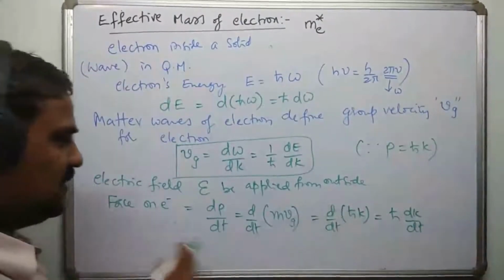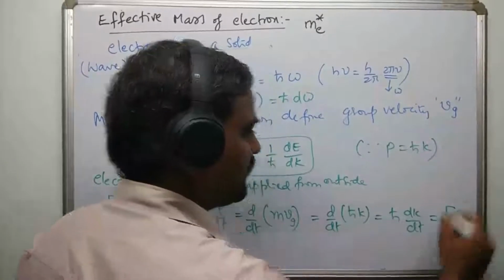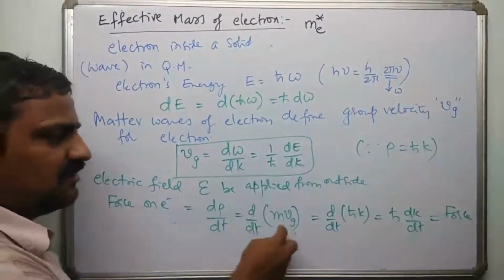H cross dk by dt is nothing but the force on the electron.